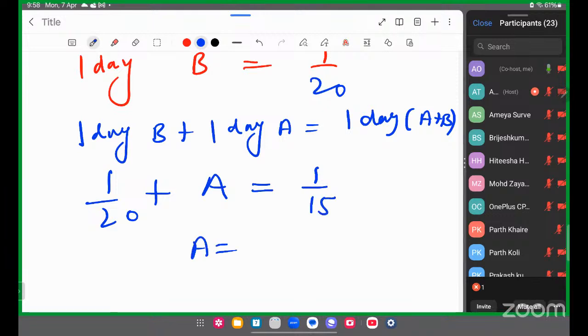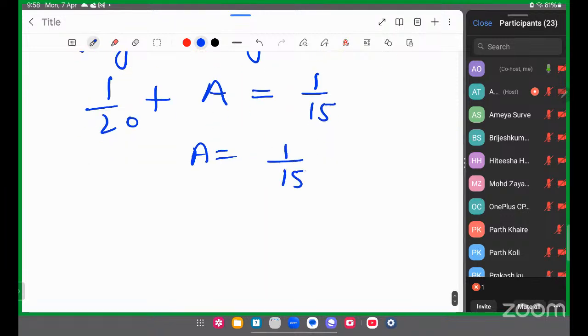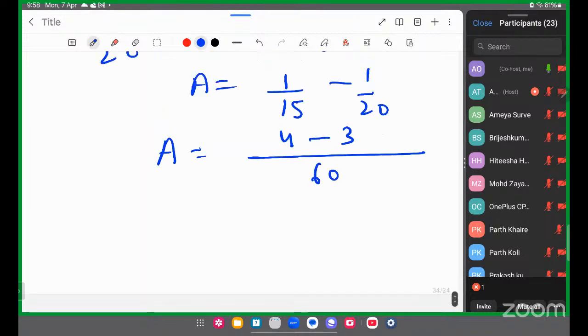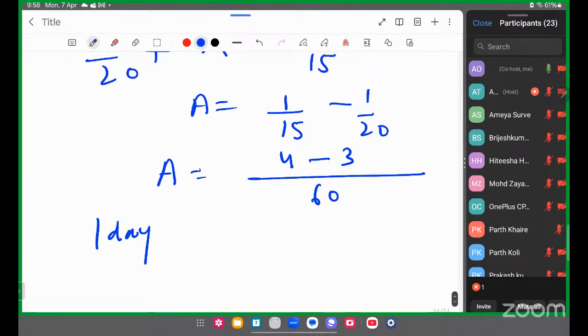So A will be 1 by 15 minus 1 by 20. LCM will be 60. This will be 4 and this will be 3. So 1 day work of A is 1 by 60.